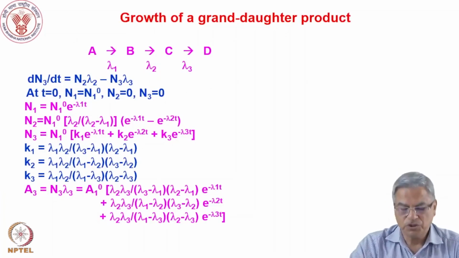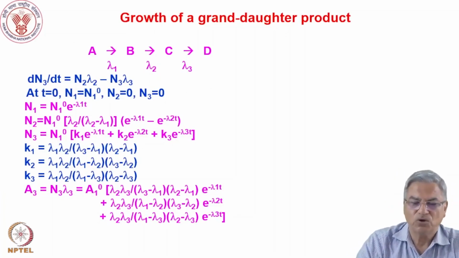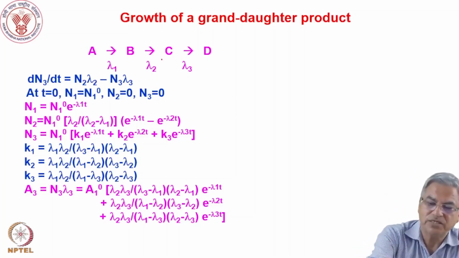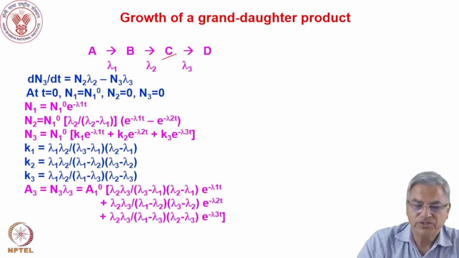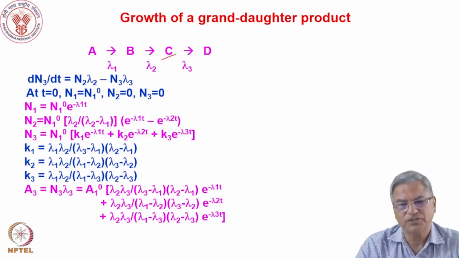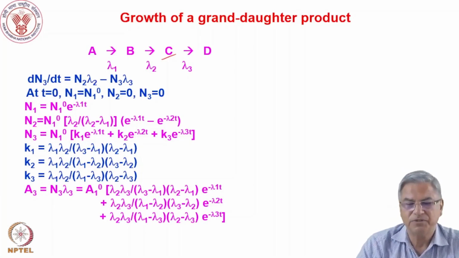Now there will be situations where not only the daughter product is radioactive, but the granddaughter is also radioactive. Granddaughter means when I say C. So when C is also radioactive, one can set up a similar equation like we discussed for B, the equation for the activity of C as a function of time.